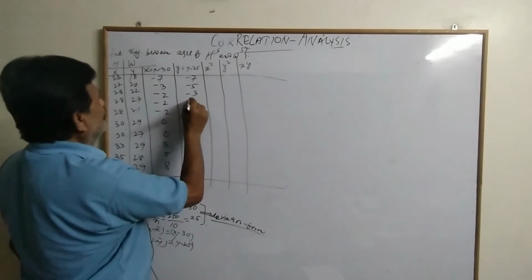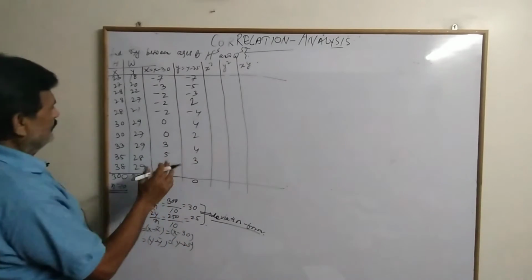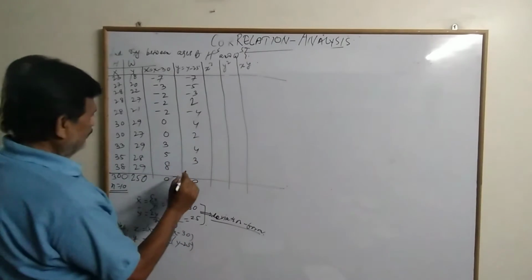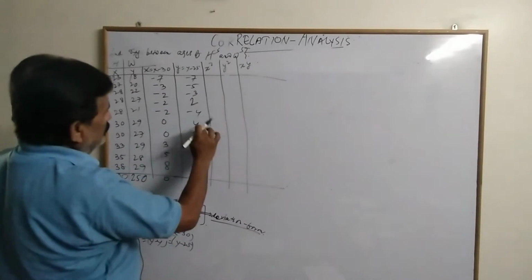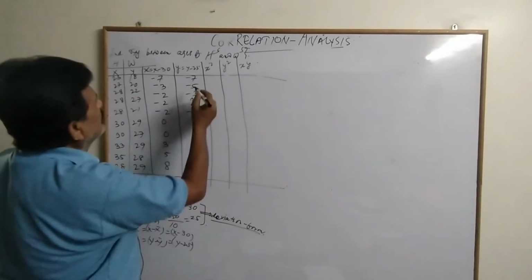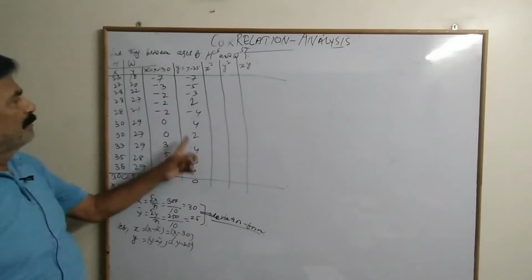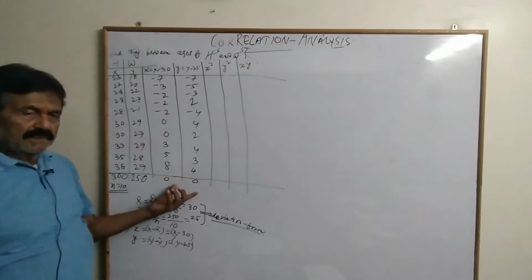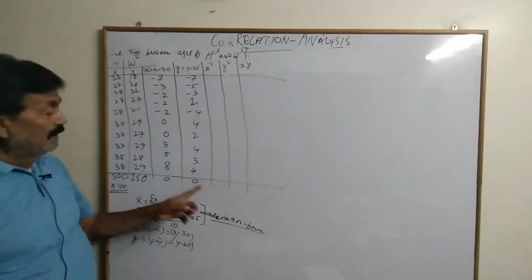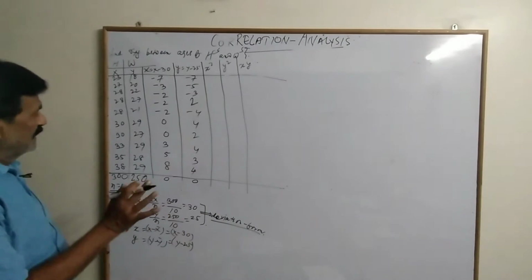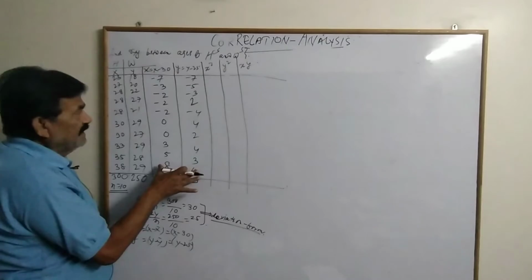So this will be 2, yes. So minus 19 and plus 19, that comes out to 0, so that's all right. When you get the summation of these two columns as 0, then only you proceed. Now you don't have any relation with these two, original x and original y. Now we have to deal with these two columns.